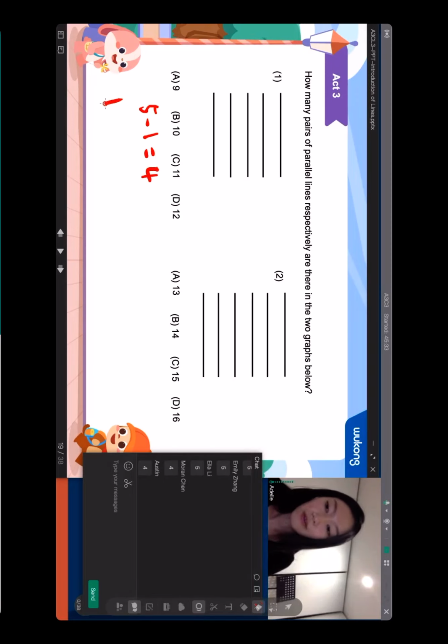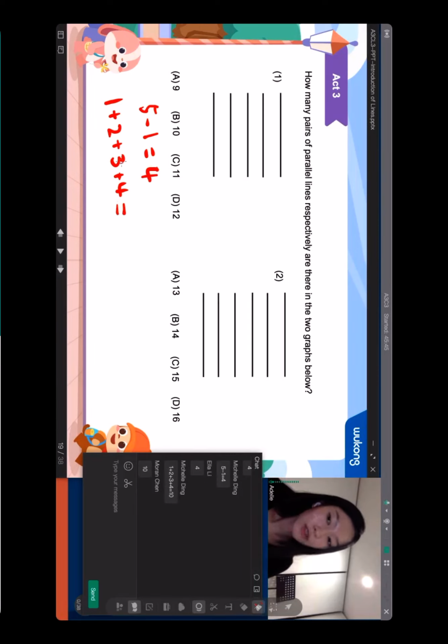And then we're going to start from 1 in ascending order, so we're going to go up every time. So 1 plus 2, and then plus 3, and then plus 4, until we reach the number 4. And the sum will give us the total number of pairs of parallel lines in this figure, which in this case will be 1 plus 2 is 3, plus 3 is 6, plus 4 is 10, okay? Does that make sense?